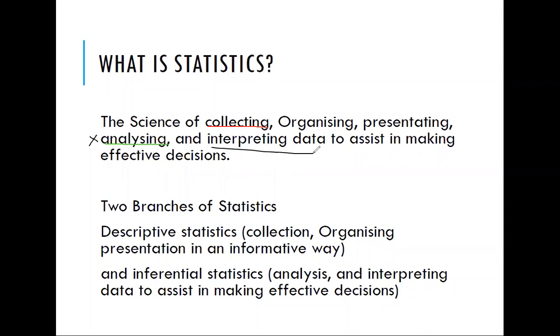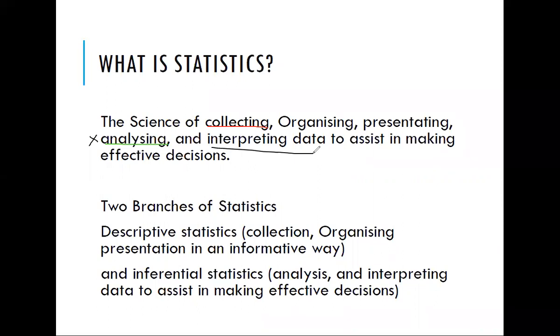Good. Now, there are two main branches of statistics. The first branch is descriptive statistics, and descriptive covers the first three steps in the definition of statistics, which is data collection, data organization, and then data presentation, presenting the results in an informative way using graphs. Then we have the second branch of statistics, which is inferential statistics.